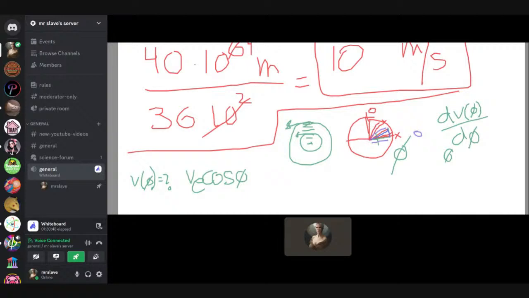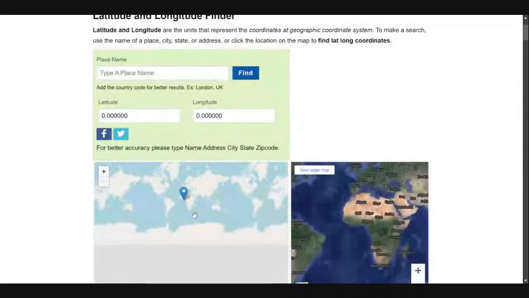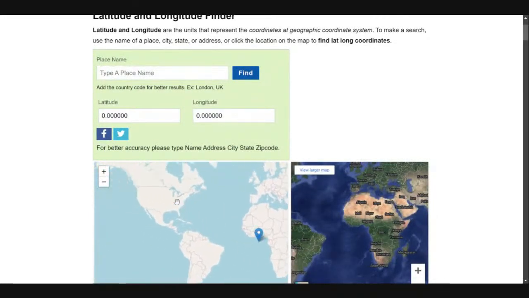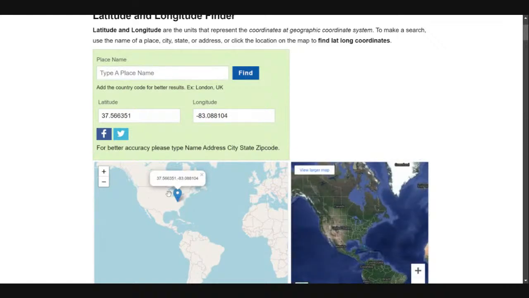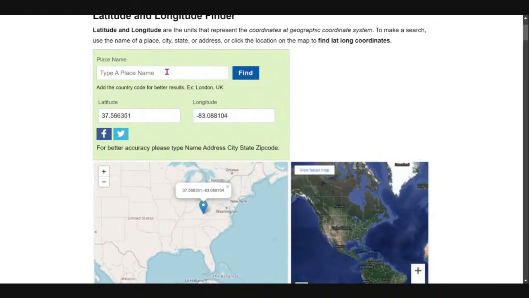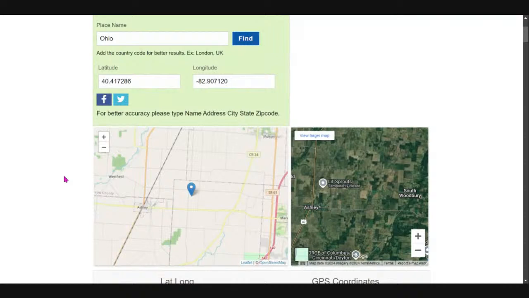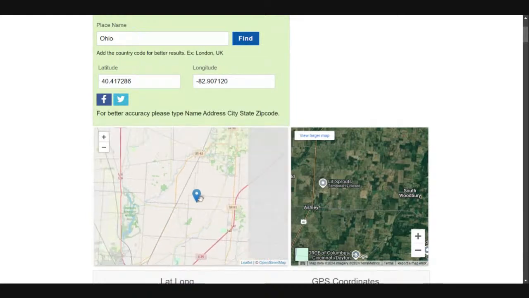Okay, let's say we're in Ohio. How do you spell Ohio? So latitude is 40,000. That doesn't help me. Isn't it in degrees? It's 40, not 40,000. So it's 40 degrees.